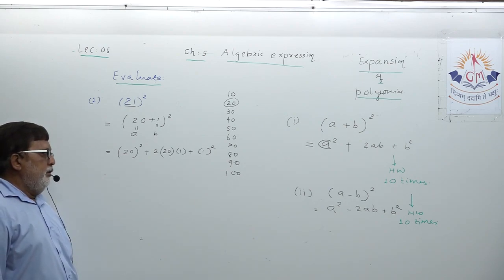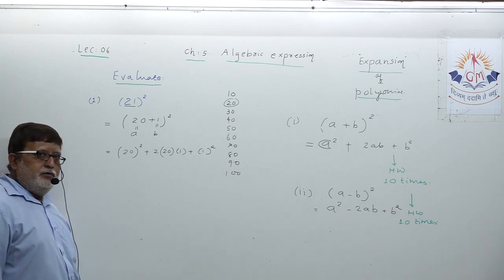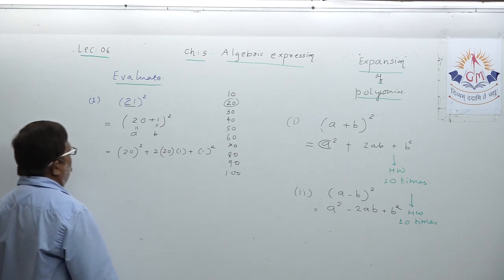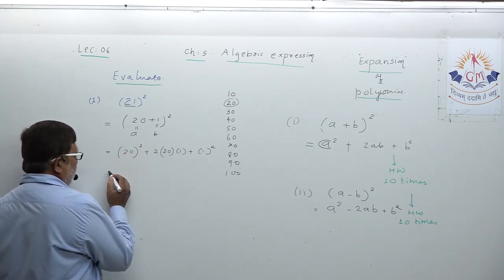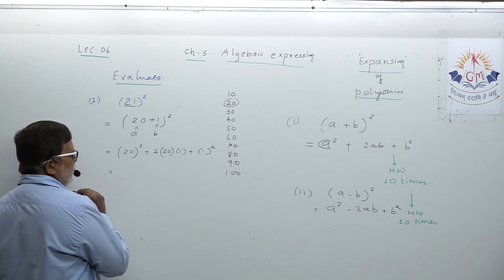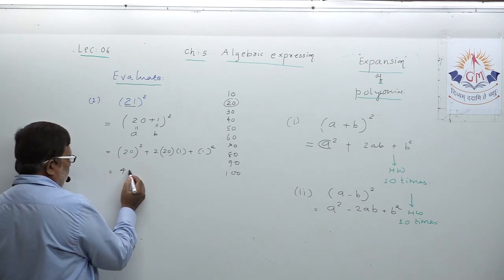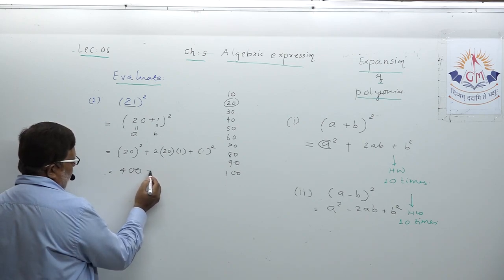What we have done is we have just split the term with the nearest zero number. 20 square, what is the square of 20? 400.